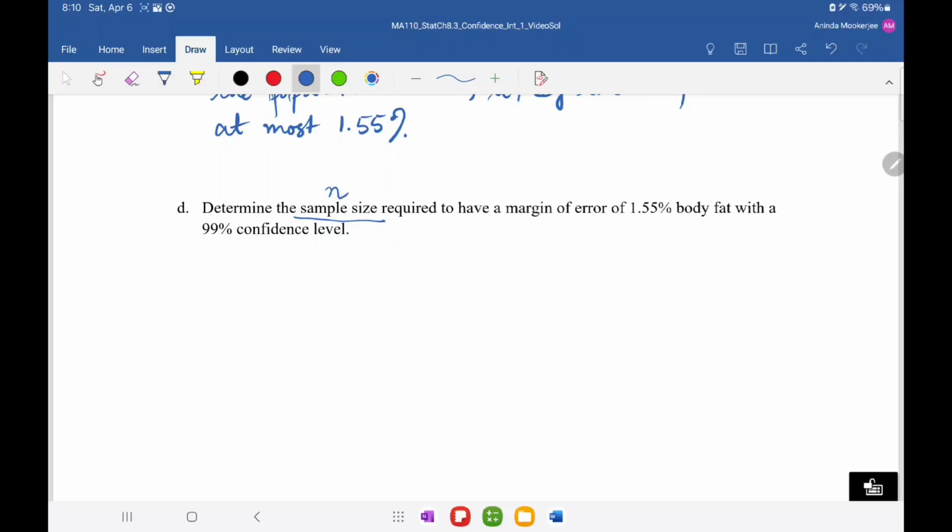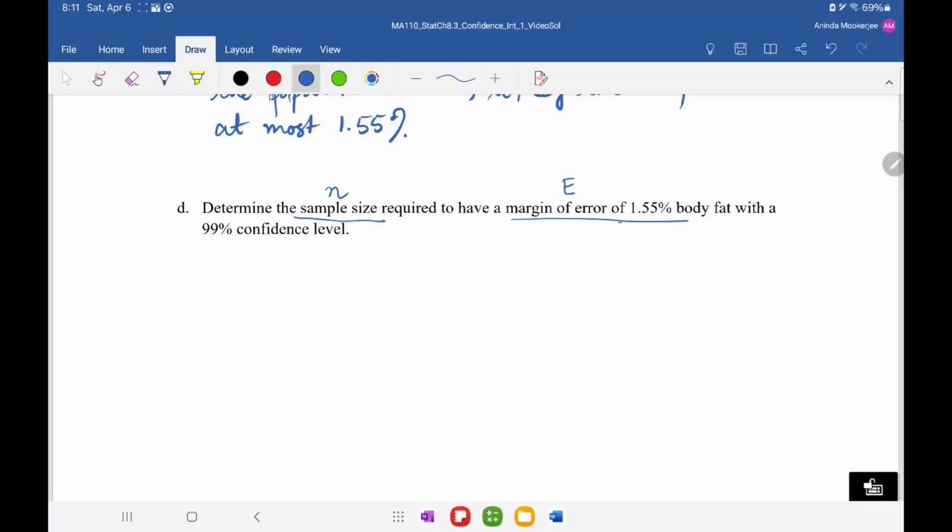They want us to keep the same margin of error, which we used in finding the confidence interval, so E stays the same. However, you'll note that they have increased the confidence level. It is now 99%. Earlier, we used 95%. So we have to find n based on these parameters.